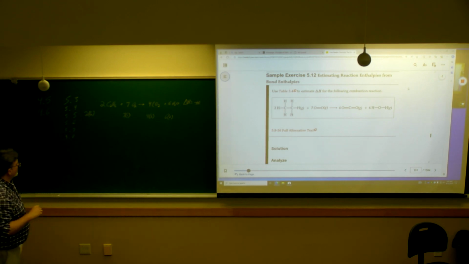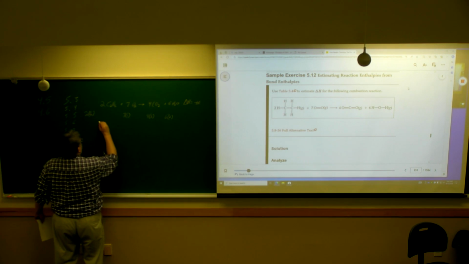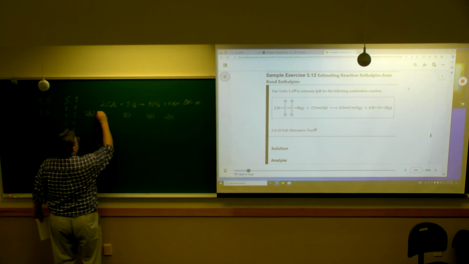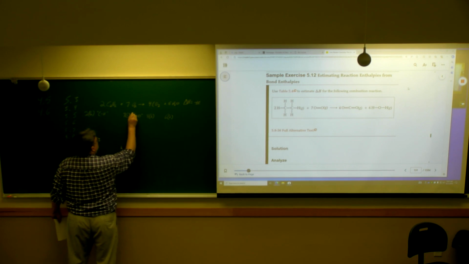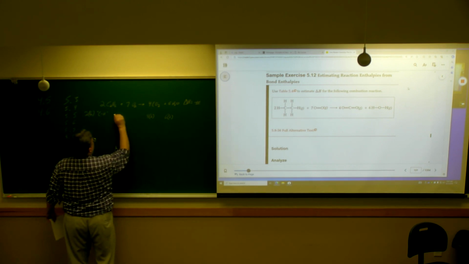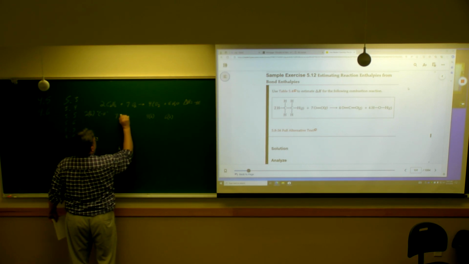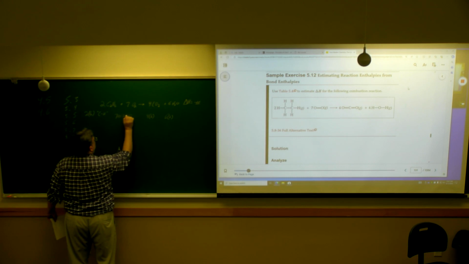Your book does this weird notation. The way I would notate this is I would go C to H bonds. And here I would go O to O bonds. I didn't leave enough room. Back that off. 7, 1, O to O double bond.